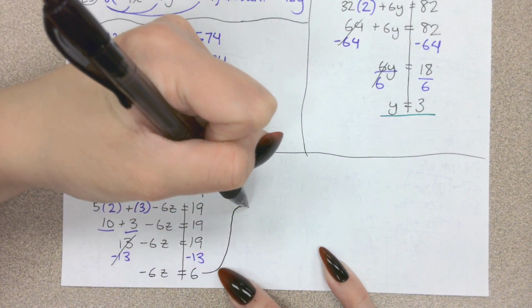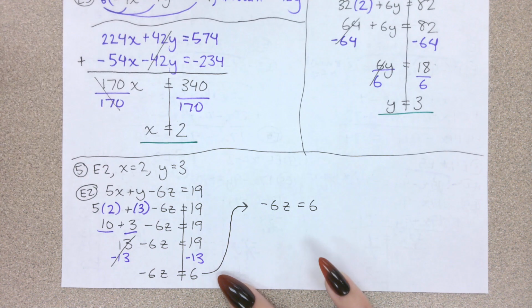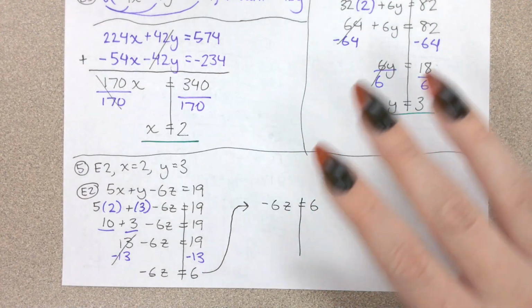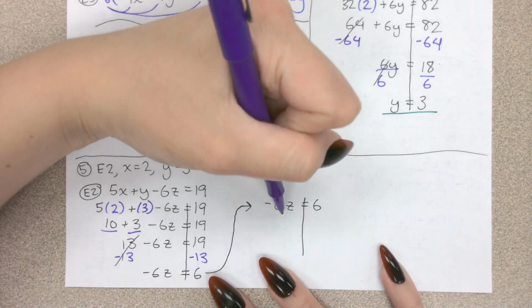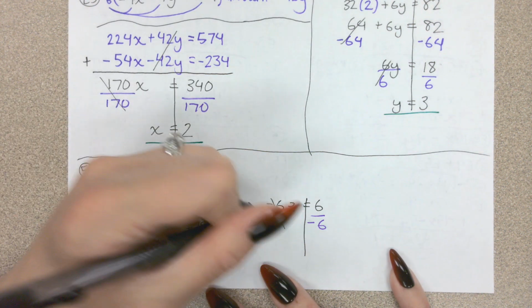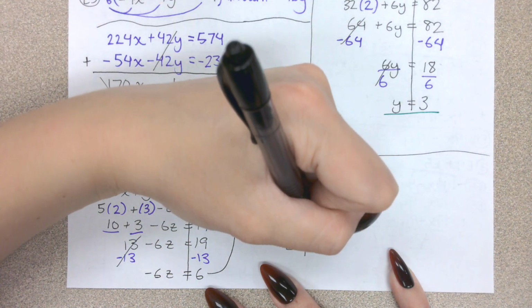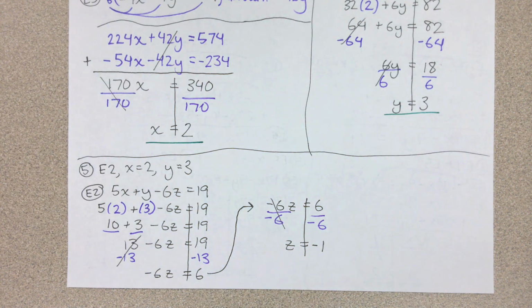Going to bring this up and over to finish the problem. Negative 6z equals 6. Lastly, just going to divide by negative 6 on both sides. Z equals 6 divided by negative 6 is negative 1.